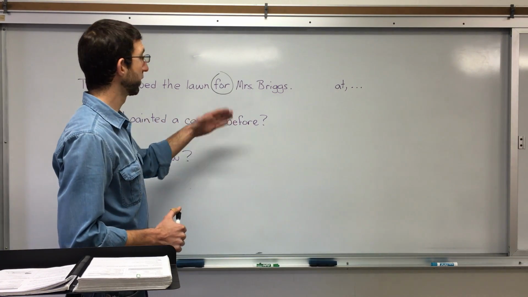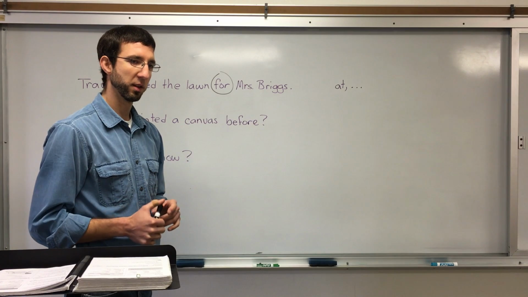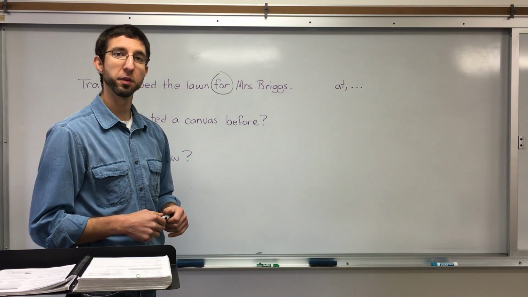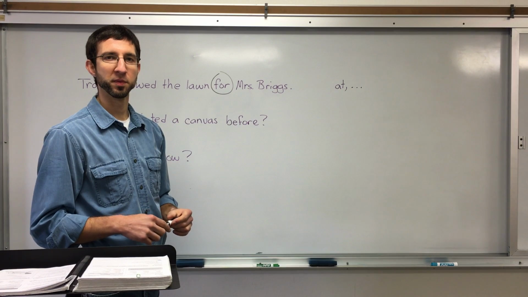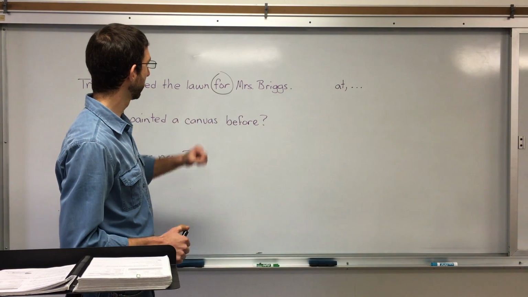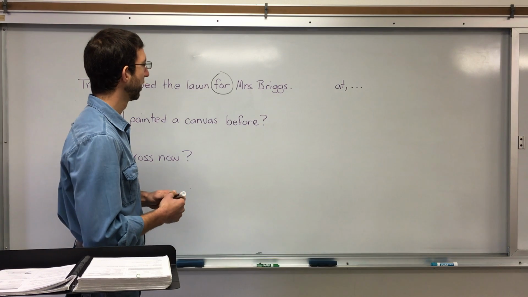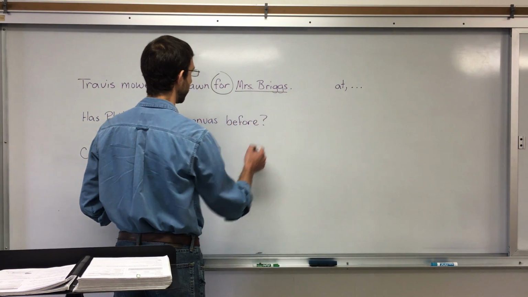Travis mowed the lawn for who or what? And then you should be able to find it because the object of a preposition answers the question who or what. So, for who or what? Mrs. Briggs. Well, that was easy.